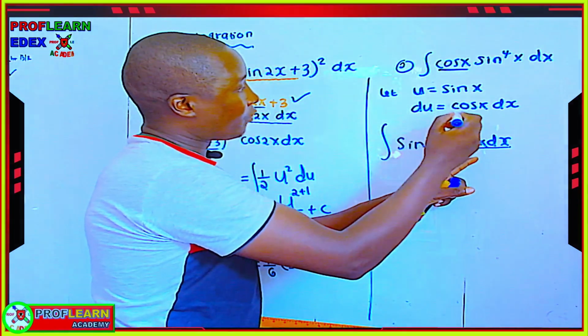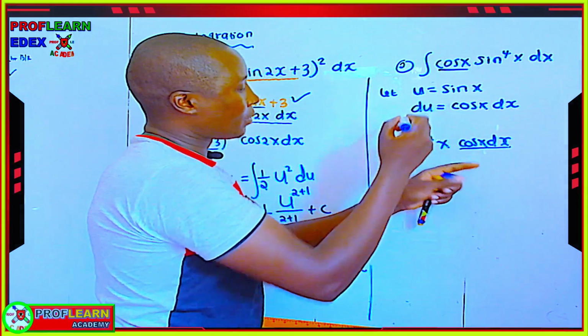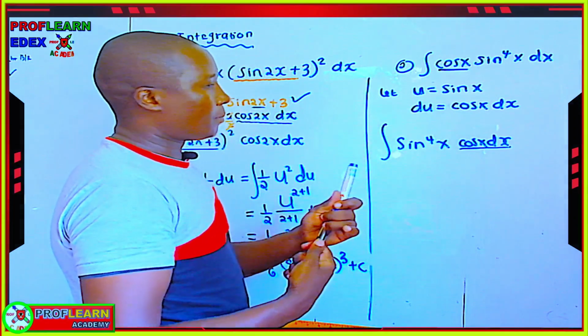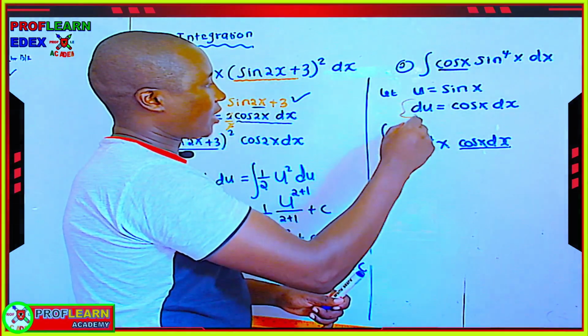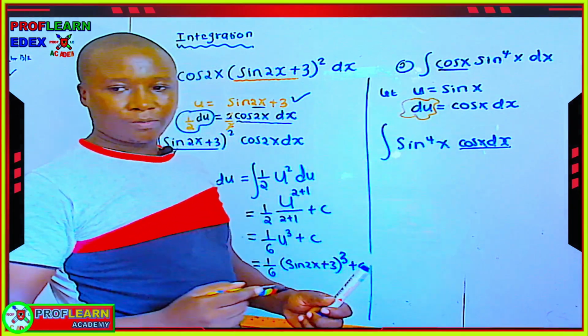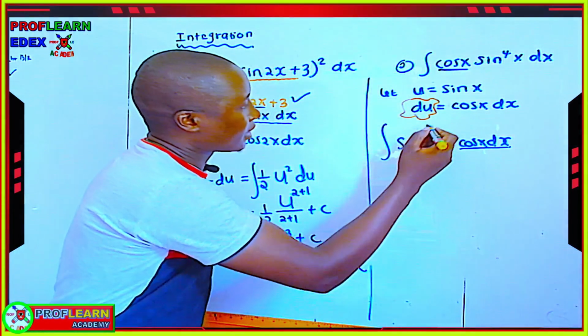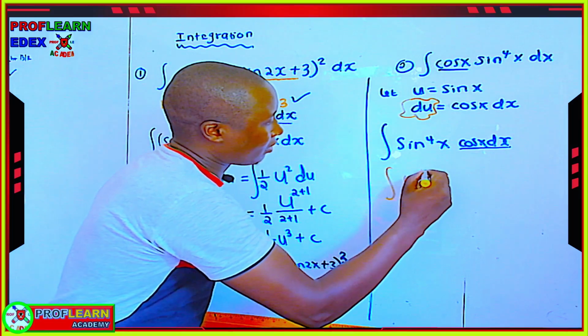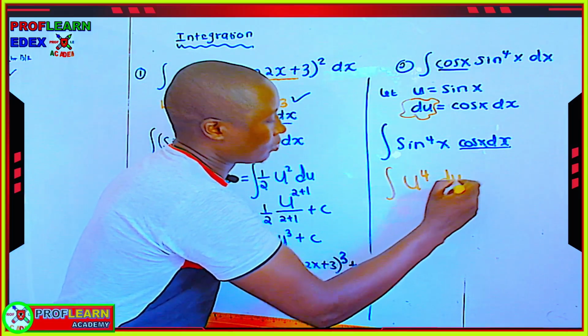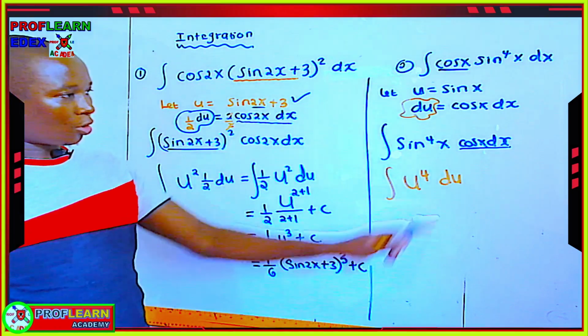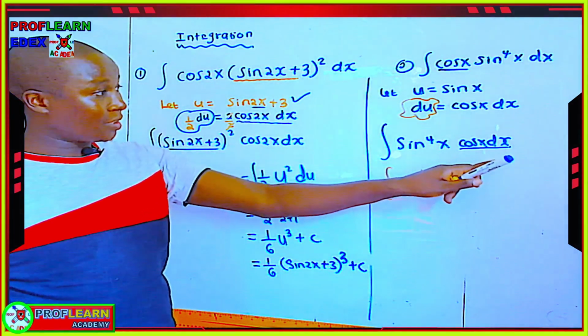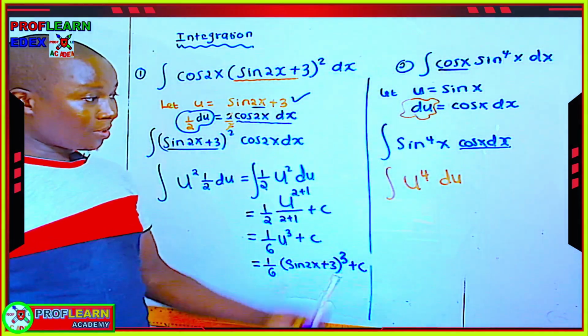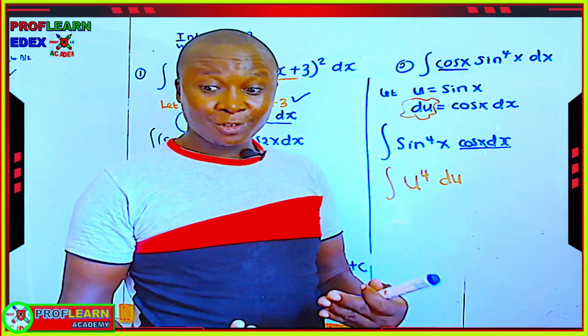You can replace it with this value, that du that we have at this point. So let's write it in terms of u. This will be integral of u raised to power 4 du. All right, because the cos x dx can be written as du. So we have our integral in terms of u.